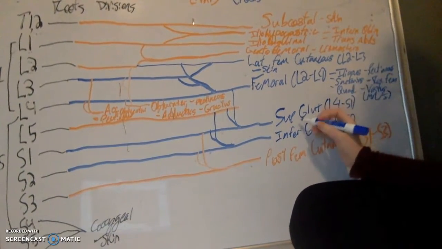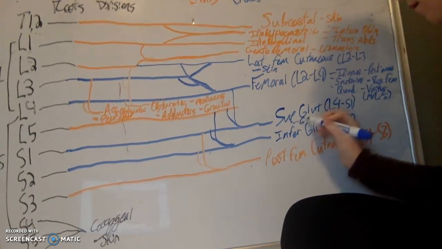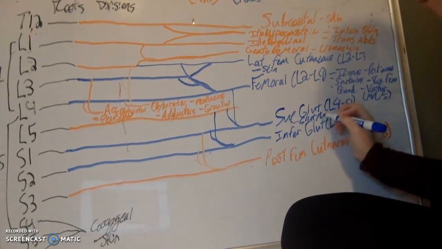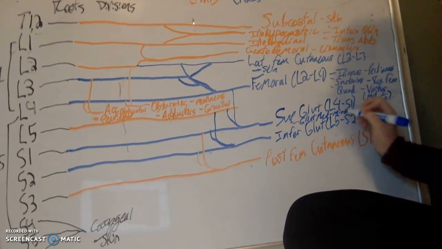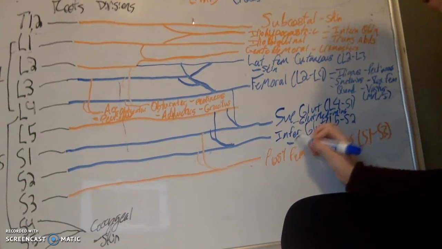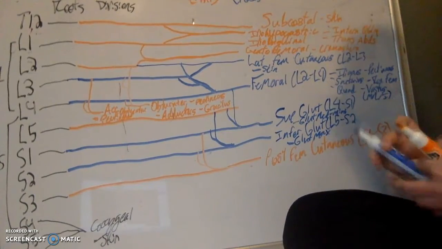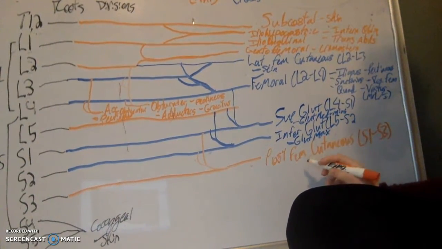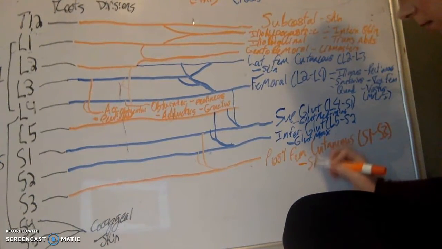And the superior gluteal nerve is going to innervate the glute medius as well as glute minimus. And the inferior gluteal nerve is going to innervate the glute max. And then the posterior femoral cutaneous is going to innervate the skin.